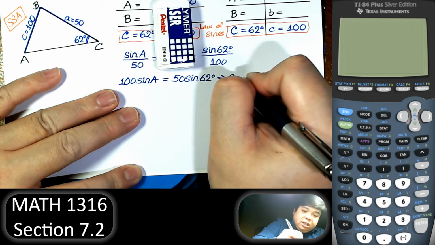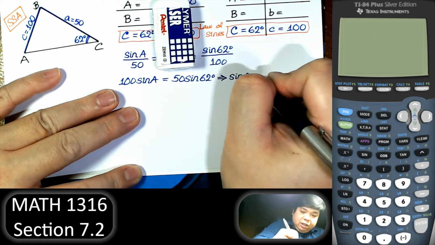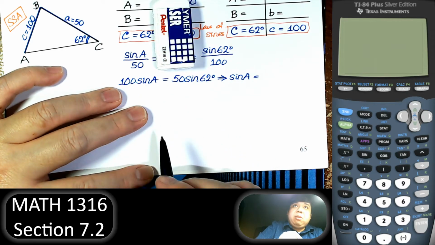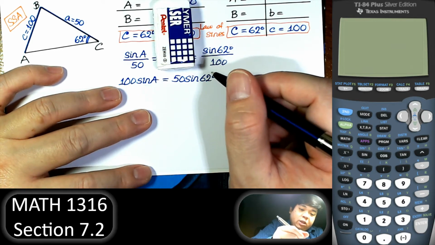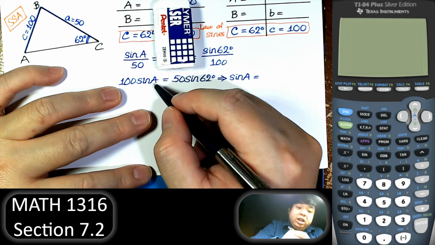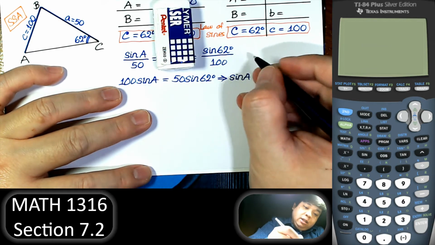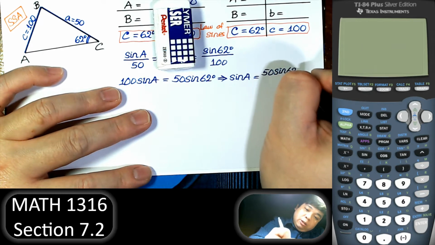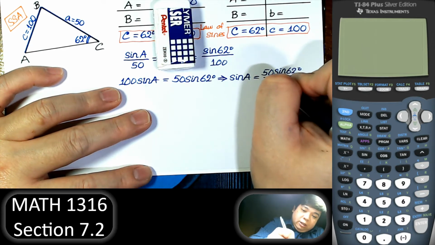So we get sine A equals 50 times sine of 62 divided by 100, because the only missing information here is the angle A. So 50 sine of 62 over 100.